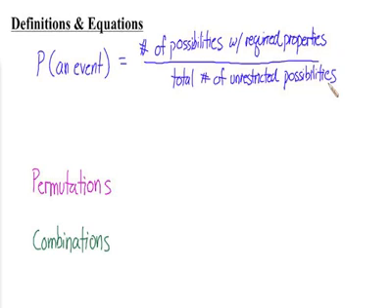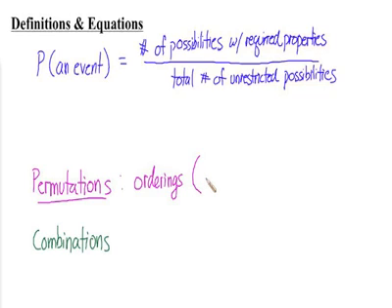and it can get a little bit tricky because often we're trying to figure out which to use. Should I use a permutation or a combination? So keep this in mind. Permutations deal with orderings. Right?